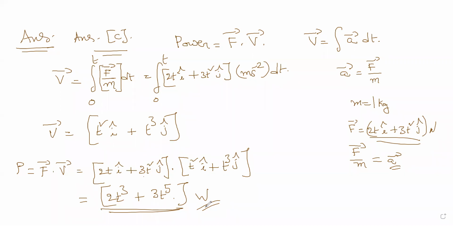Now can I clear this? Yes, sir. Now, briefly, I will introduce the work energy theorem. Tomorrow, we'll discuss this in much detail. Work energy theorem, what does it say?